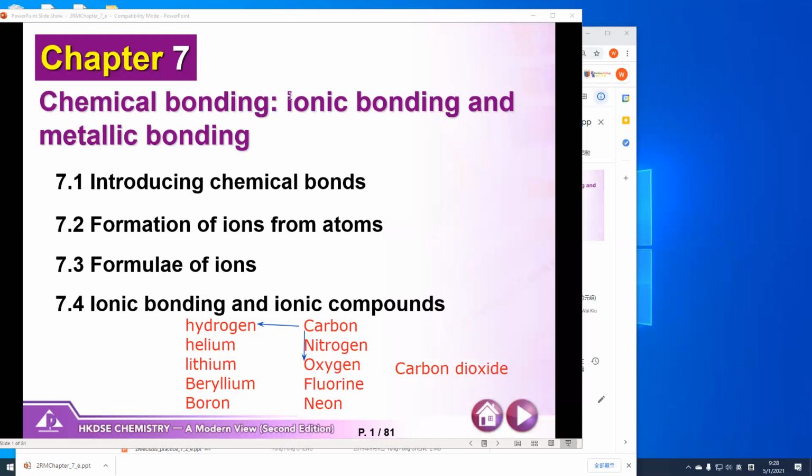You learn about carbon, you learn about oxygen, but then you never know what makes carbon dioxide. How to connect one oxygen atom, the carbon atom, and the other oxygen atom, CO2, together. Therefore, you have to learn about chemical bonding.